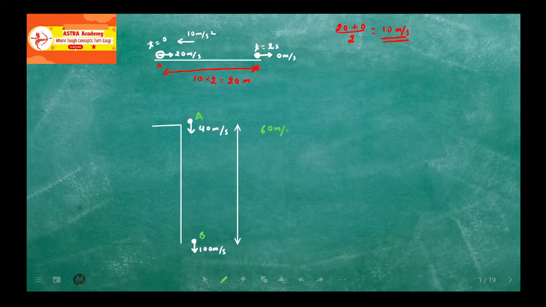And if the velocity has increased by 60 meter per second, then it must have spent 6 seconds in the air, because in each second the velocity increases by 10 meter per second. So if I consider this as time equal to 0, then I will consider this time as time equal to 6 seconds, right?